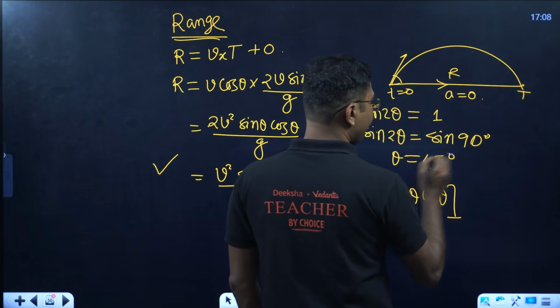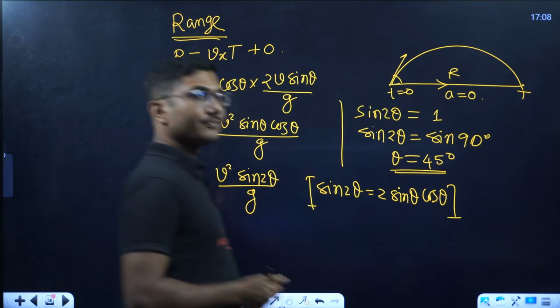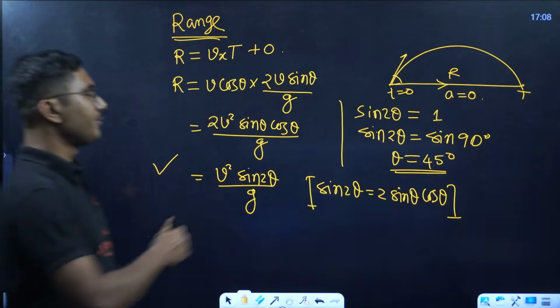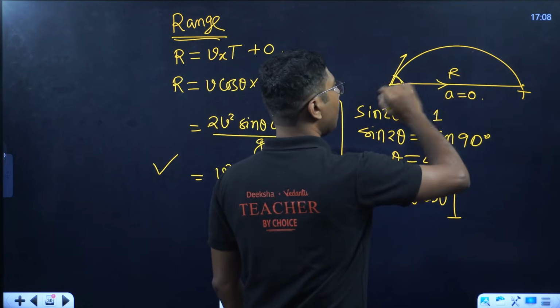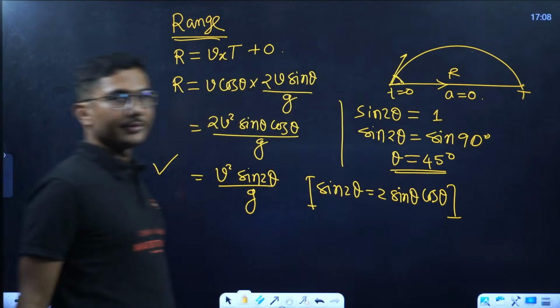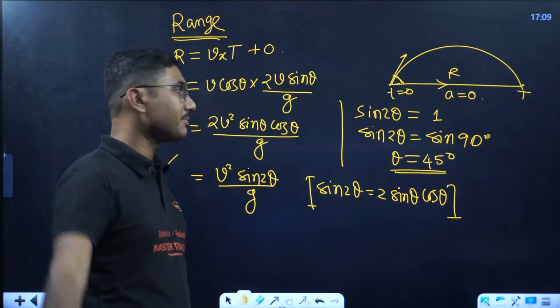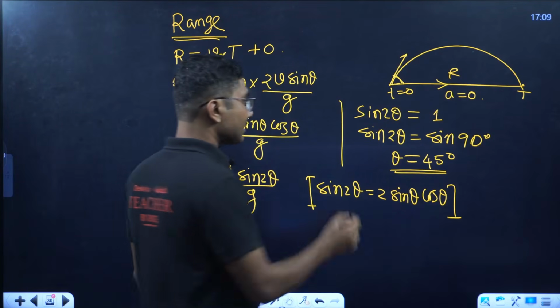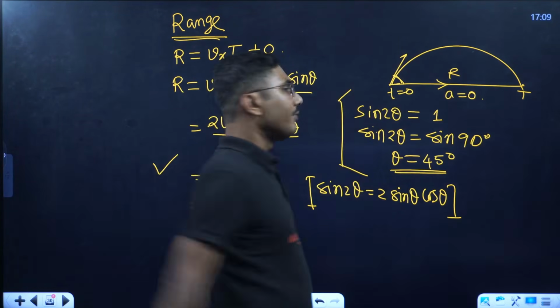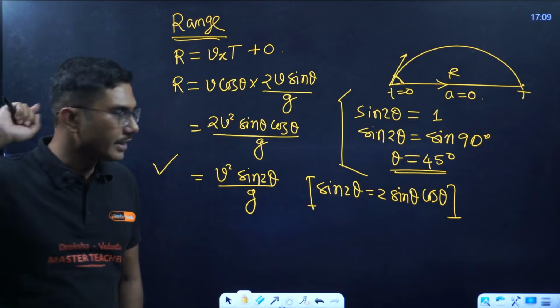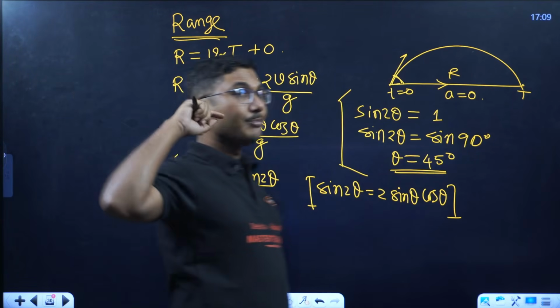So the range is maximum when theta is 45 degrees. If you project a projectile at an angle theta equal to 45 degrees, you get the maximum range. That is very important. It is not for maximum height, by the way. This is for maximum range. This is a very common question for MCQs.